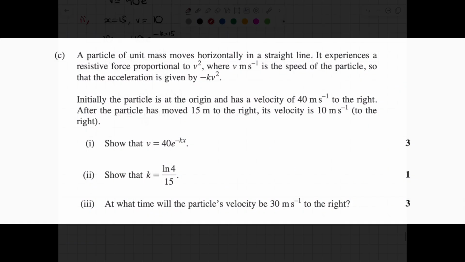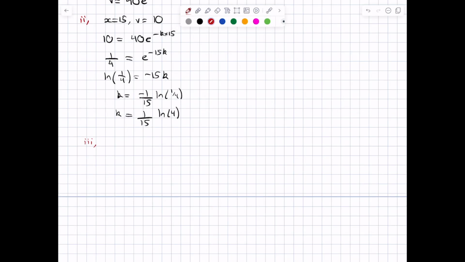Now part 3 says, at what time will the particle's velocity be 30 meters per second to the right? Okay. So here it's asking when the velocity is 30, what is time? What is the t variable? So that means I need an equation to relate v and t together.